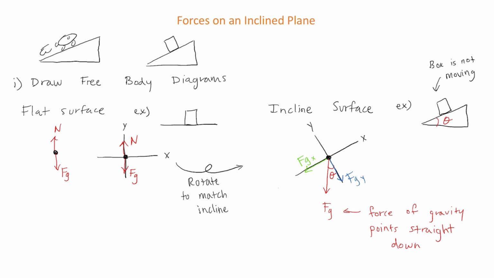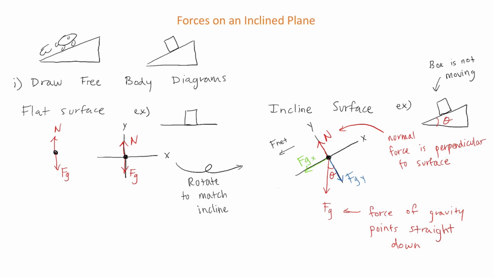and we have the x component of the force of gravity, Fgx. Now we also know we have a normal force because the object is on a surface and the surface is pushing back up against it. The normal force is directly along the y-axis because the normal force has to be perpendicular to the surface. Based on the free body diagram that you see here, we could see that there would be a net force down the inclined plane.